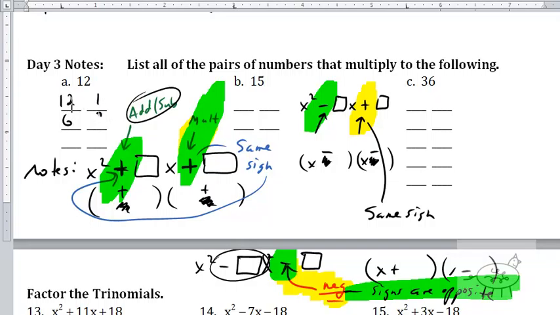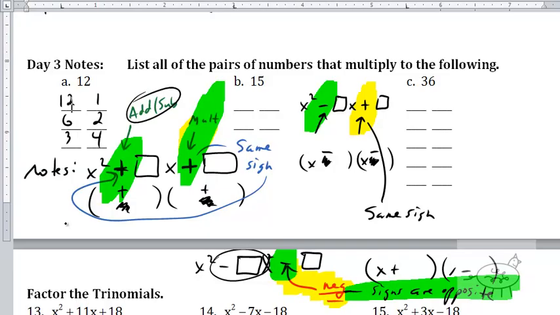Okay, there's also 6 and 2 and 3 and 4. Now some of you might say, well, how about 4 and 3? Okay, that's fine, but it doesn't really matter if it's 3 and 4 or 4 and 3. But those are your combinations, 12 and 1, 6 and 2, and 3 and 4.